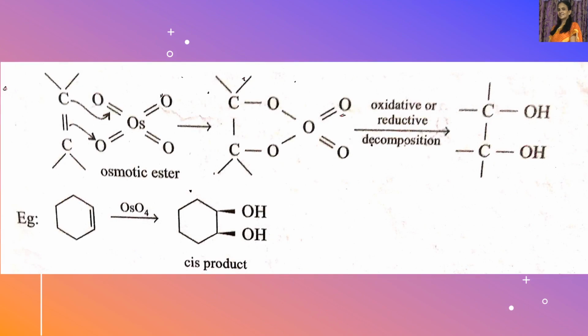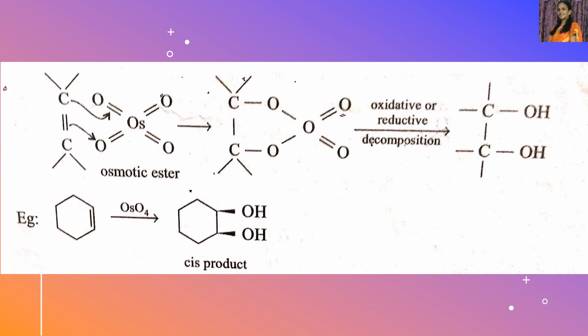Okay. Now let's see the mechanism here. This is a C double bond C alkene. This is osmium tetroxide, OsO4, osmium and four oxygens with the double bonds. With the help of this double bond, it forms a bond between this oxygen and this carbon. With the help of this double bond, it forms a bond between this carbon and this oxygen.